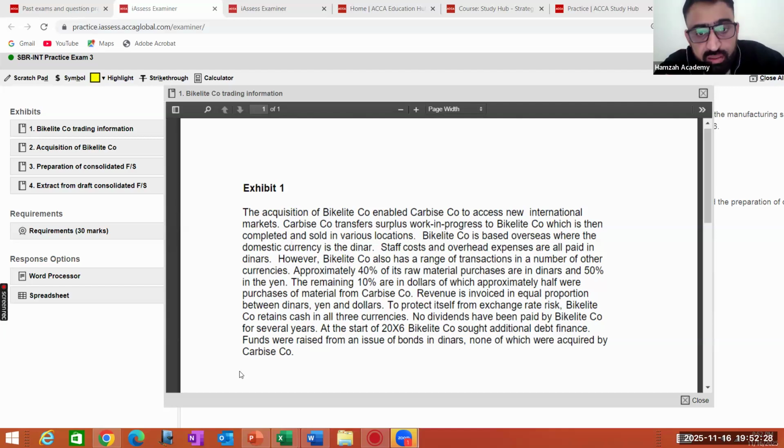So first of all, again, the B, the bike light, is a foreign operation, and for a foreign operation the first thing you need to consider is whether the functional currency of the parent is the functional currency of the subsidiary or not.